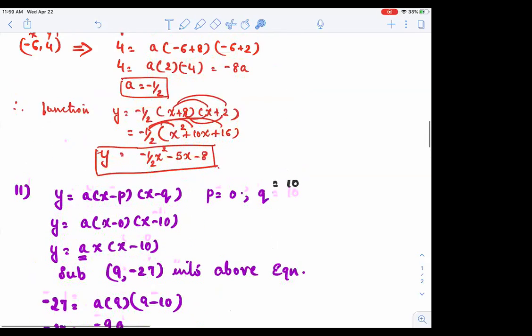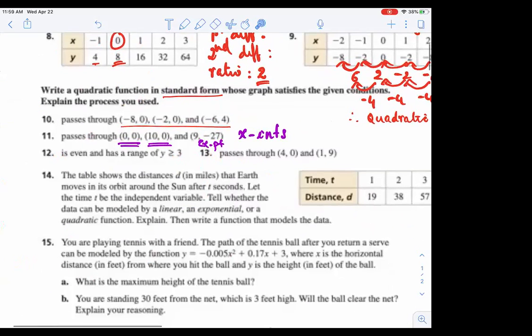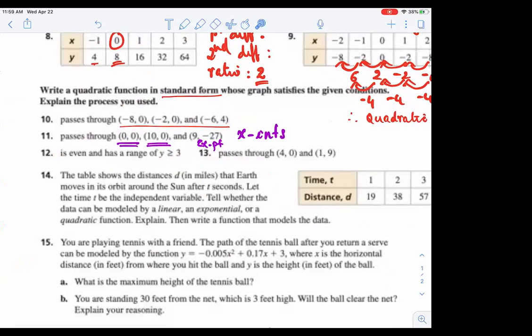Yeah. Okay, so now I'm thinking maybe we can skip. What do you guys think about 13? Number 13. Why are only 2 points given to you? Because when you only have 2 points given to you, you see that one of them is the x-intercept, the 4, 0, right?